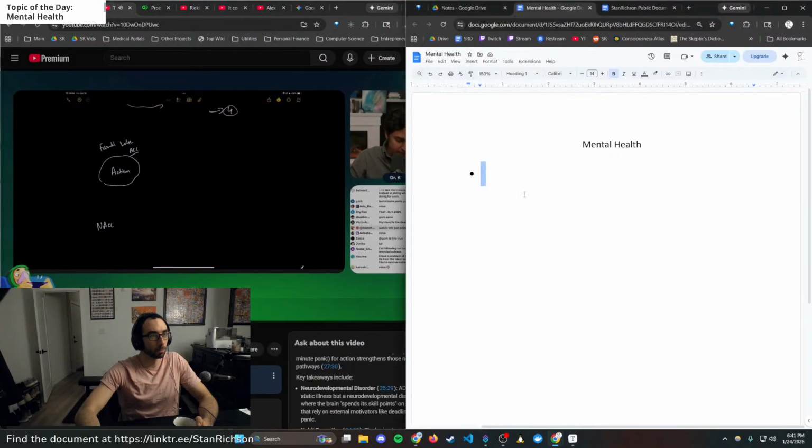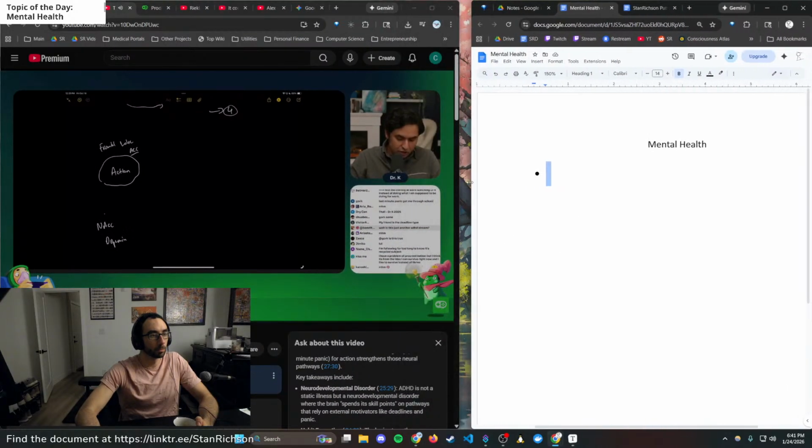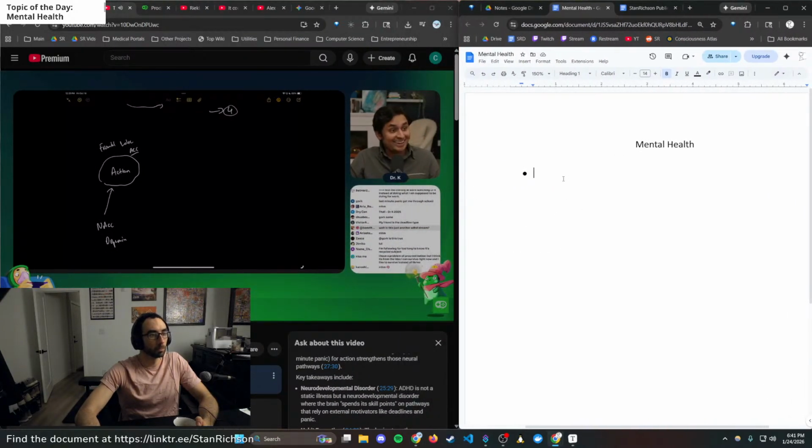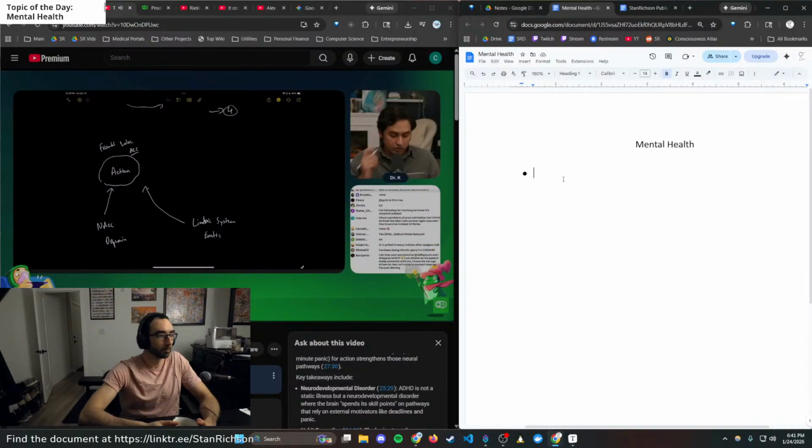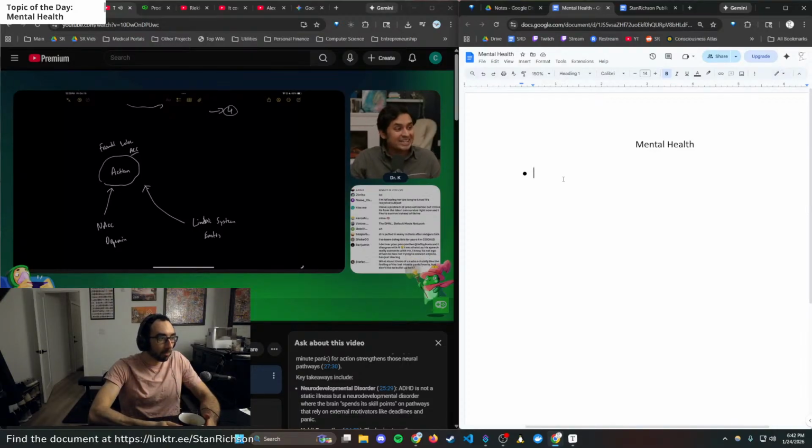So we have parts of our brain like the nucleus accumbens, which give us dopamine. So the nucleus accumbens goes over to the frontal lobes and says, hey, we really want this. This is really exciting. Give me some dopamine, brah. And then we also have our limbic system, which gives us emotions. And the emotions go to our frontal lobes, and they say, hey, bro, we're feeling this emotion, therefore we should act in this way, right?